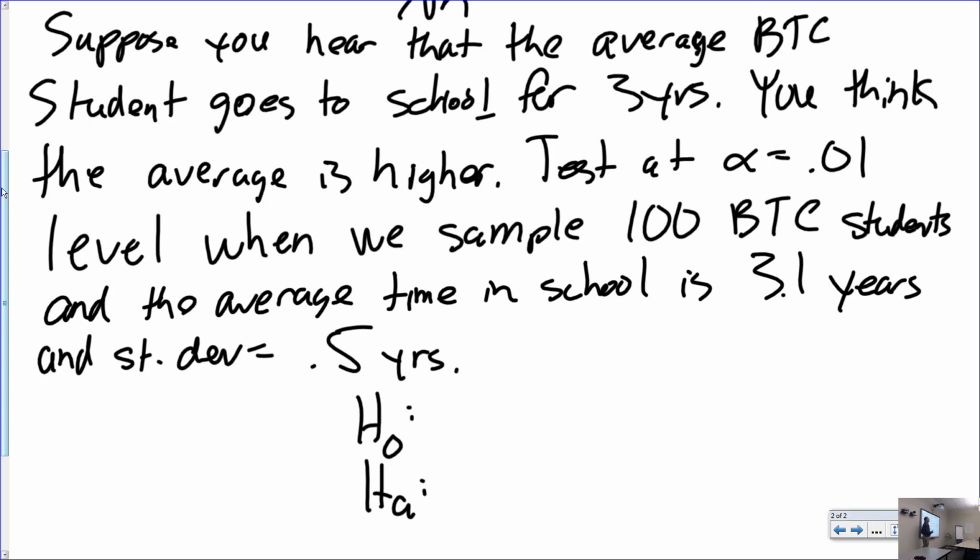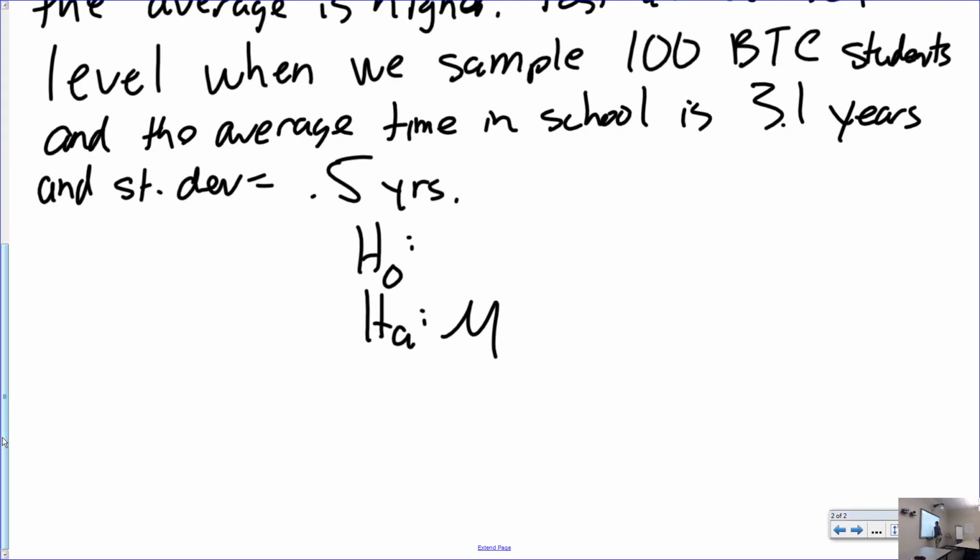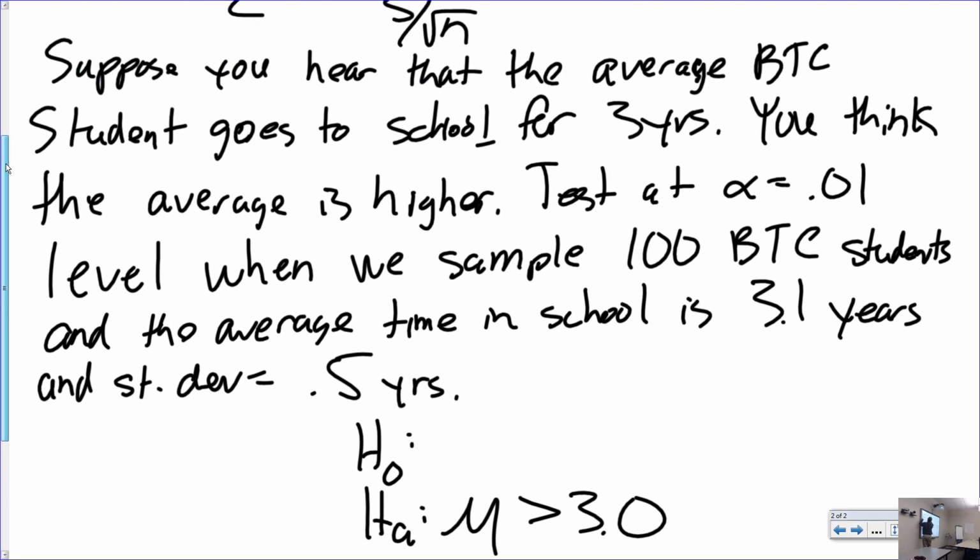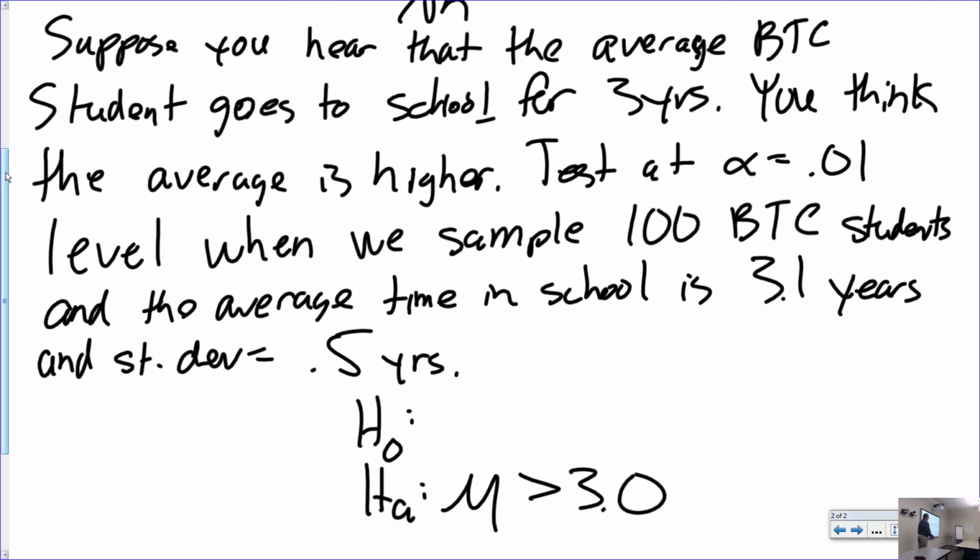So if you're trying to test for a specific value, that is your Ha, all right? And so the Ho, the assumed value, is essentially following the same sort of thing, right? It's less than or equal to 3, and that still follows what the assumption was at the beginning, that the student goes to school for 3 years on average. Less than or equal to 3 can be the same as 3 to some degree.